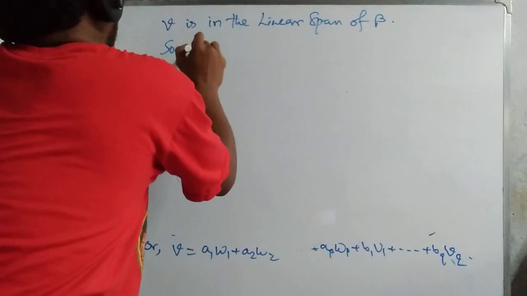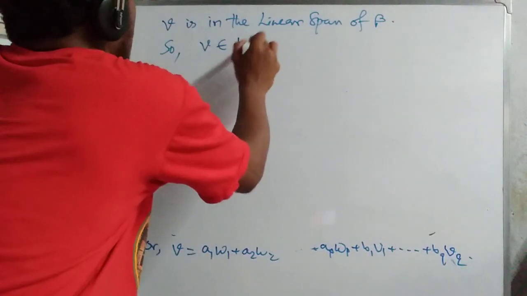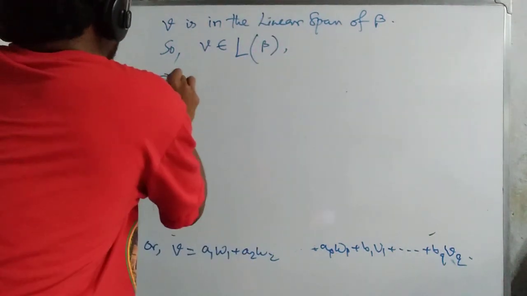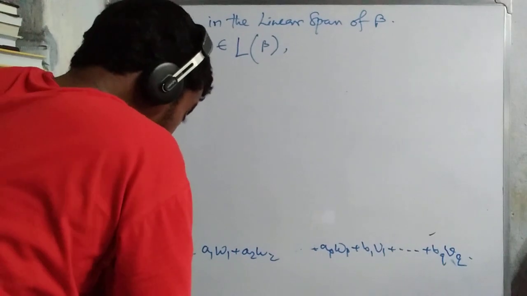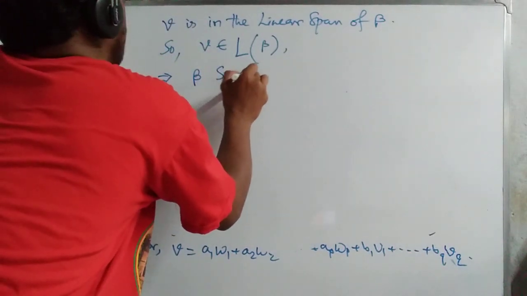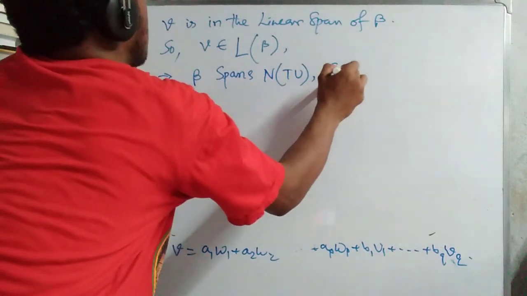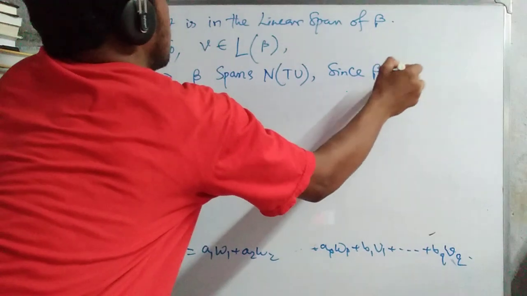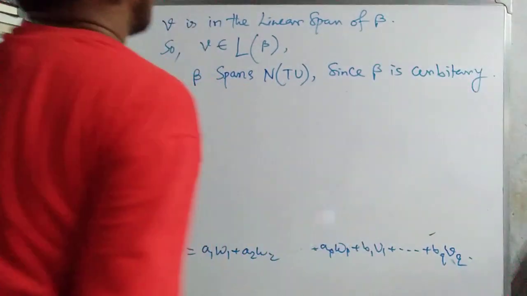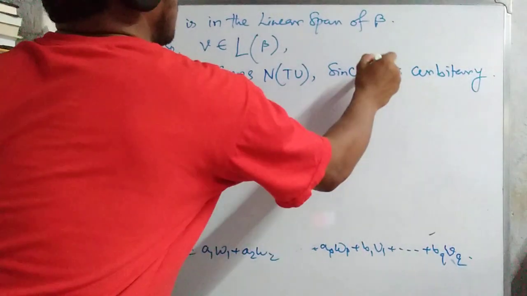So v belongs to the linear span of beta, and this implies that beta spans N of TU, since v is arbitrary.